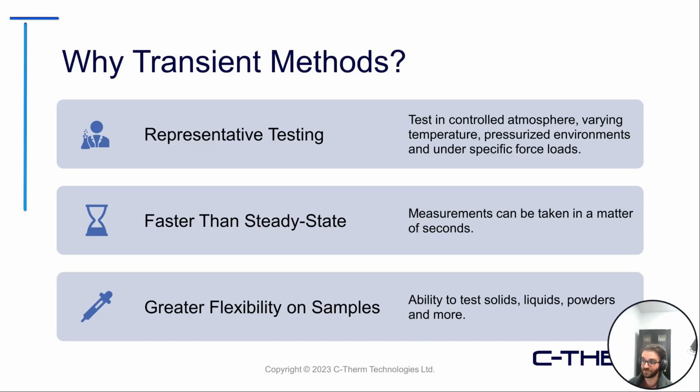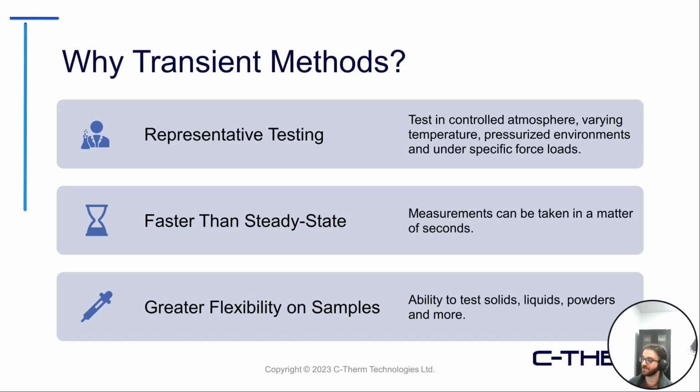Measurements can be taken in a matter of seconds, which is, of course, quite significantly faster than the steady state options. And then lastly, generally greater flexibility on samples. So that's not only the type of samples, but the size as well. Many of those steady state techniques require very specific sample geometries, certain sizes that need to be met.